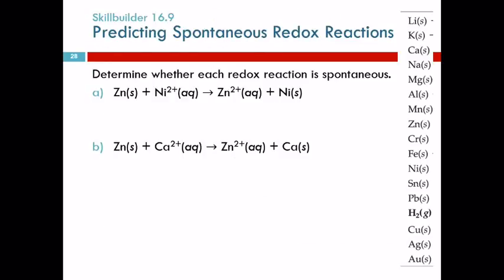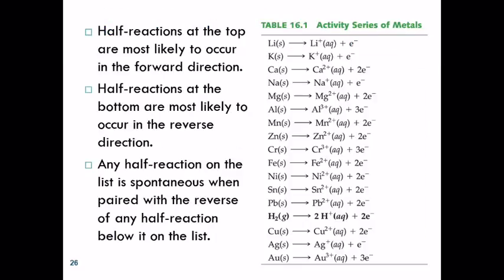So what we need to be able to do is look at something like this and determine if this reaction is spontaneous in the direction that is written. So we're going to look for the metal. Here we have zinc going to zinc ions. This one, nickel 2+ going to nickel, is the opposite. Let's go back to that full activity series, right?